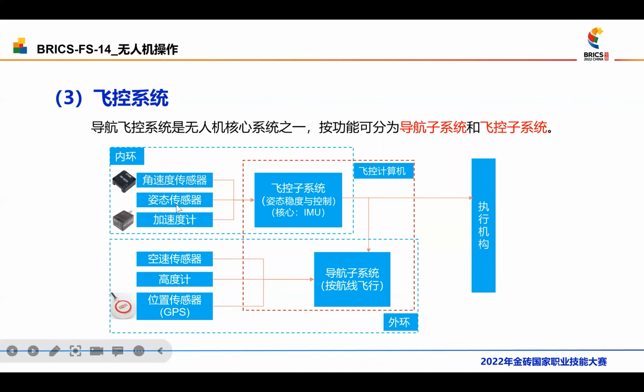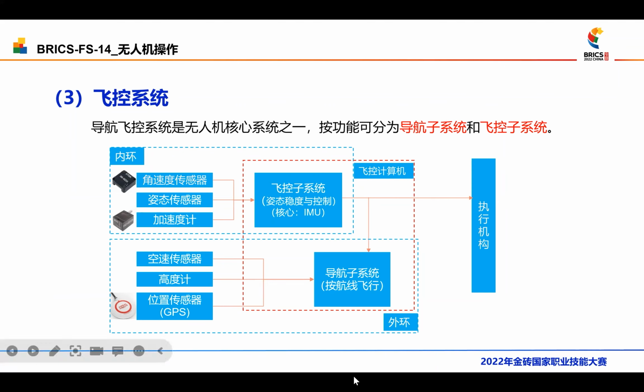The angular velocity sensor is mainly used to measure the inclination of the UAV on X, Y, and Z axis. The attitude sensor is mainly used to measure the current attitude of the UAV. The position sensor is mainly used to measure the movement degree of the UAV on X, Y, and Z.